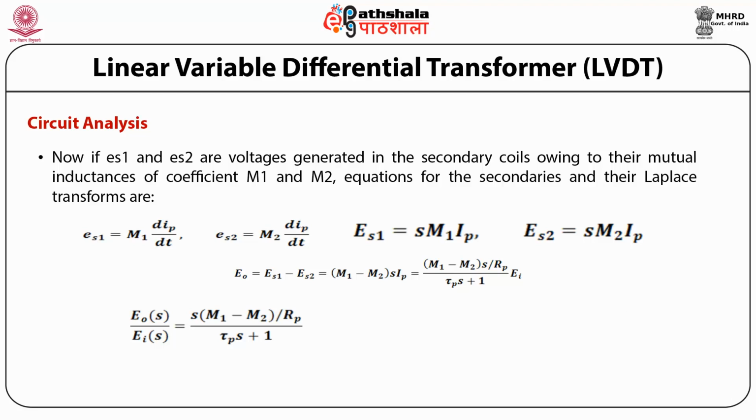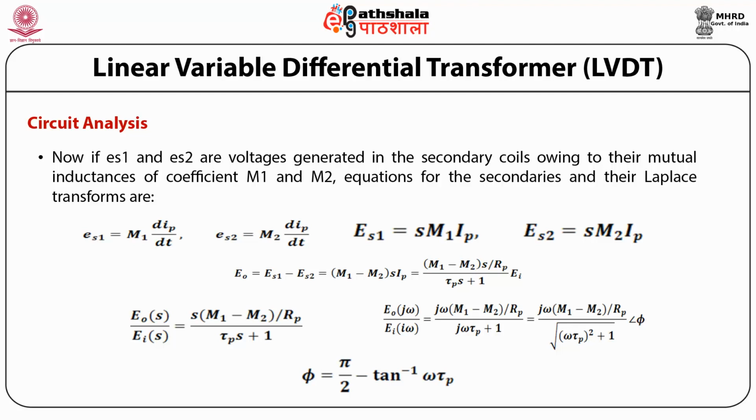Representing E0 of j omega by Ei of j omega, it equals j omega (M1 minus M2) divided by Rp divided by the square root of (1 plus (omega tau p) squared), multiplied by angle phi, where phi is pi by 2 minus tan inverse of omega tau p. The expression preceding angle phi represents the amplitude ratio of the output and the input.